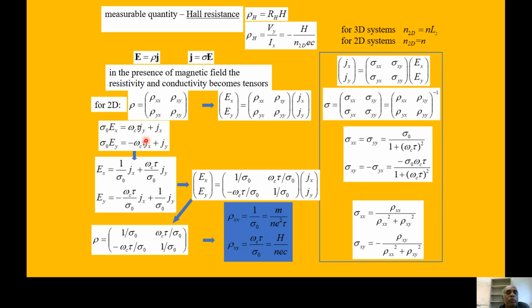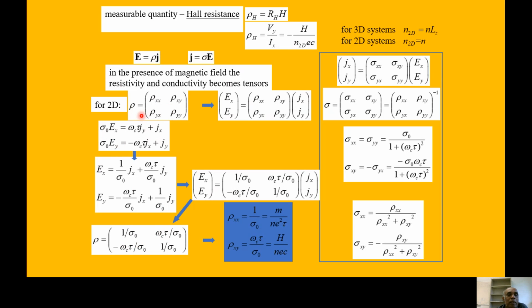Using these two equations, we get Ex, Ey. Now I can write the vector Ex, Ey. Then your matrix elements will be, you can see, if I take Jx, Jy as your vector here, this is your rho matrix, right? So rho is given by 1 over sigma 0 times these numbers. Please start with this one.